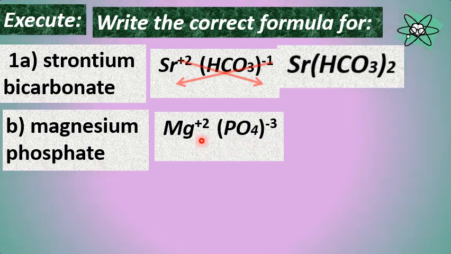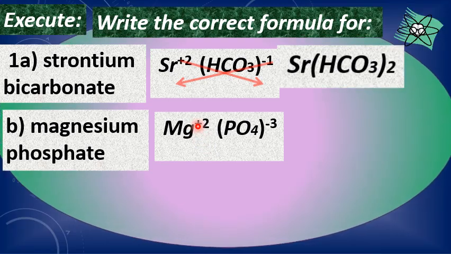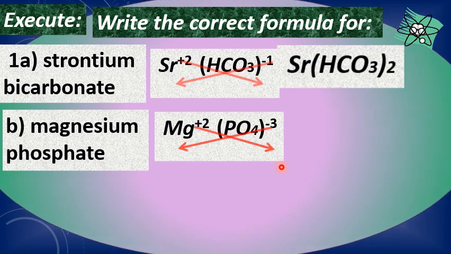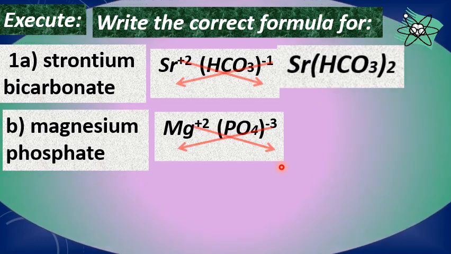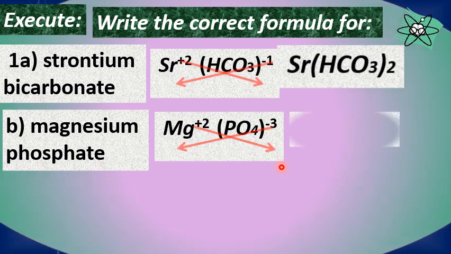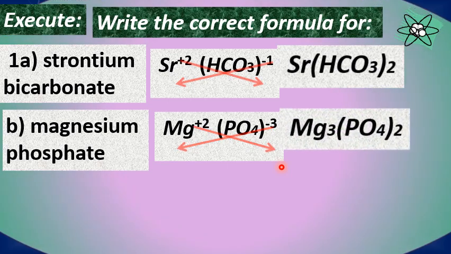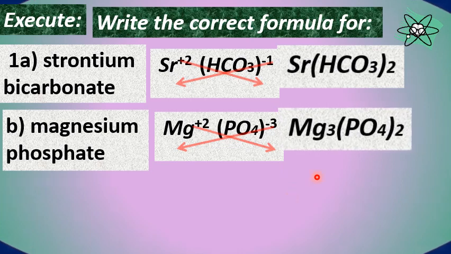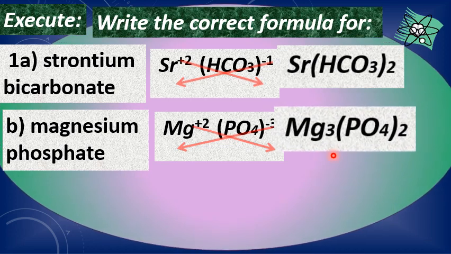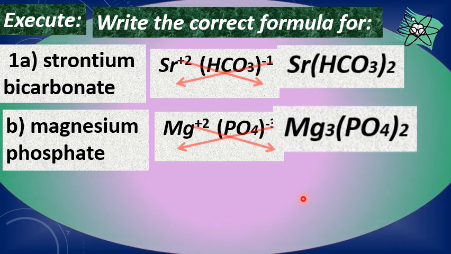So doing the crisscross also, we will have the resulting compound written as Mg3(PO4)2. So that's the formula for magnesium phosphate.